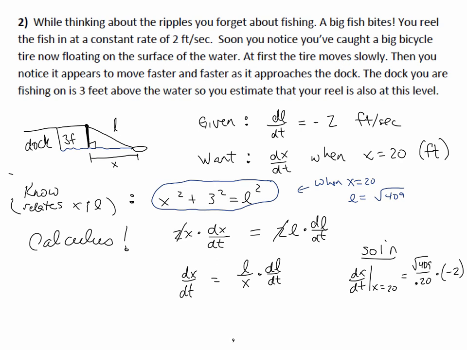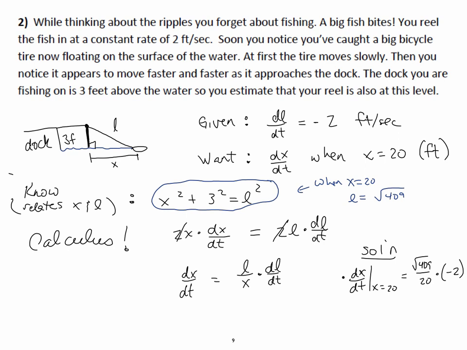So does it make sense that we got a negative number? What does this number represent? What does it represent? Scott? Yeah, so it's the rate of change of the distance of the tire to the dock, right?